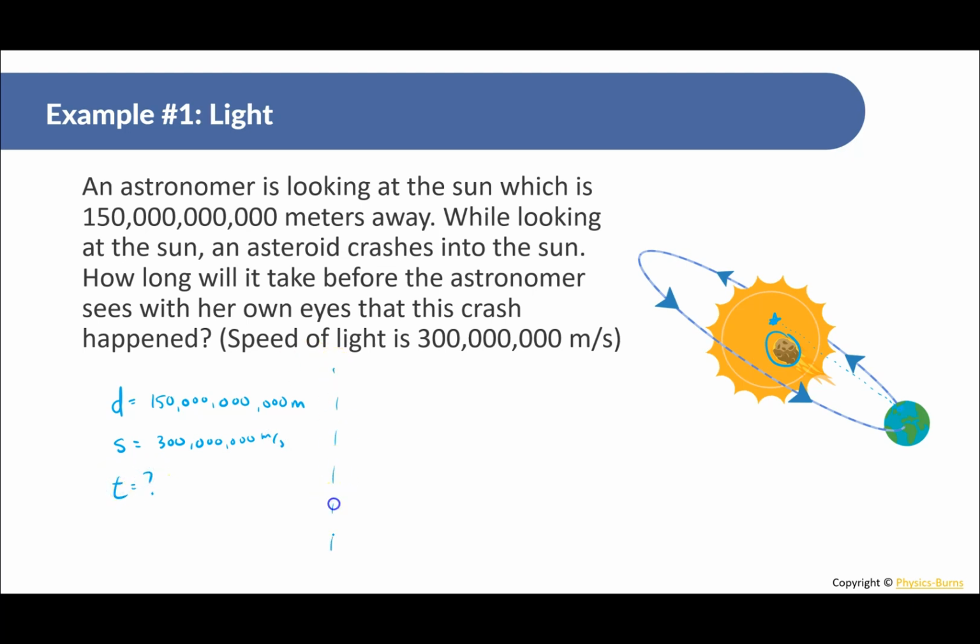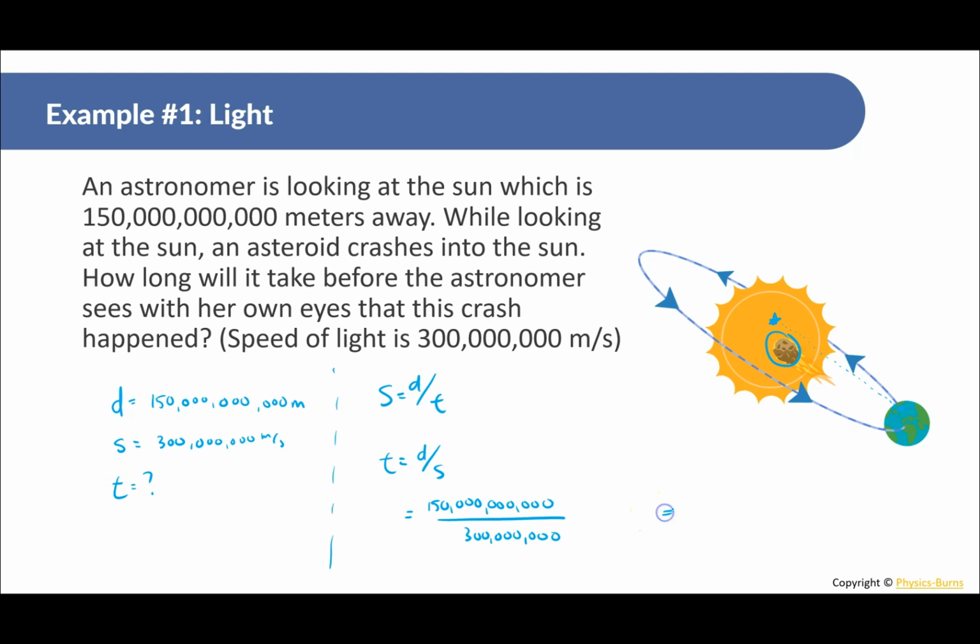We're just using the formula we've always seen before: speed equals distance over time. With a little bit of algebra, time is equal to distance divided by speed. So the distance is 150 billion divided by the speed, 300 million.